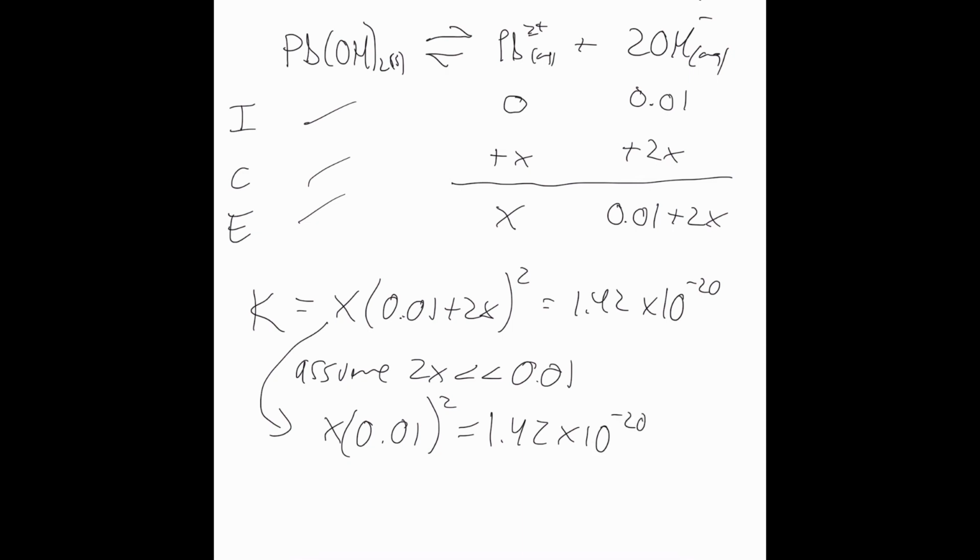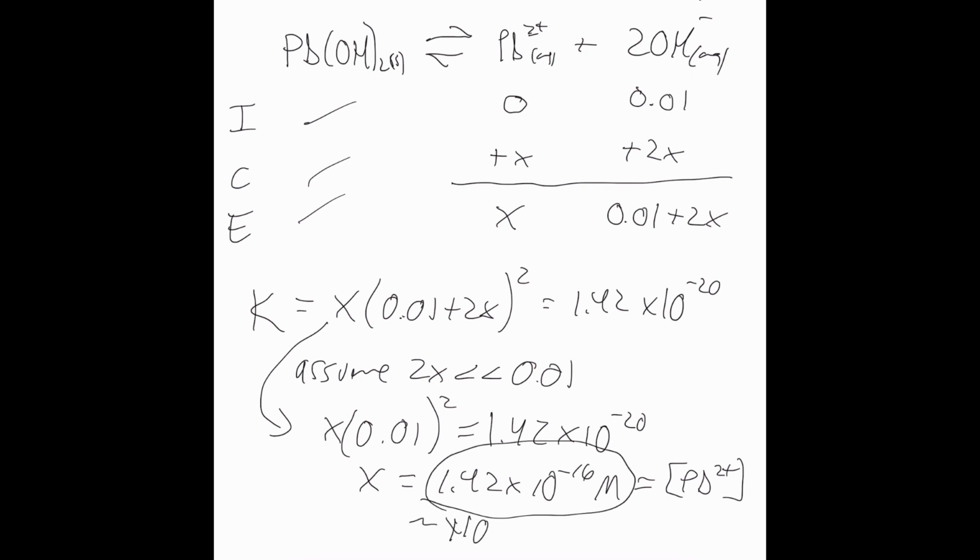So that's our equilibrium. Now we solve for x, and x is just going to be 1.42 times 10 to the minus 16 molar. That would also be our Pb2+ concentration. Last time we got on the order of 10 to the minus 7. Notice we now have 10 to the minus 16.